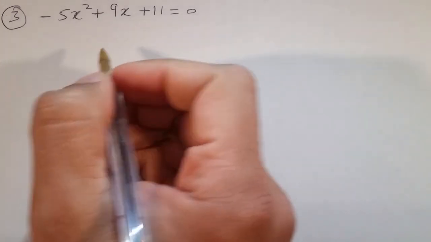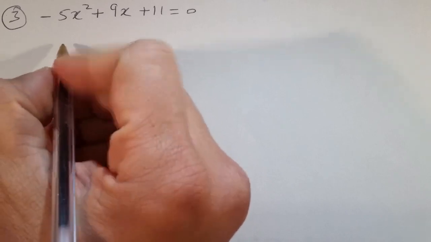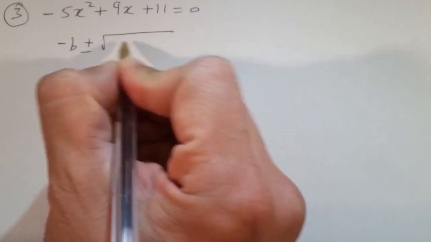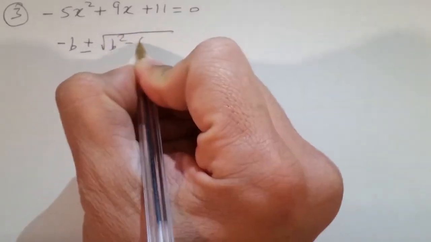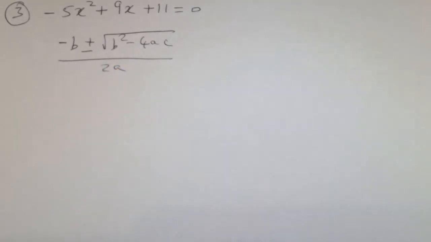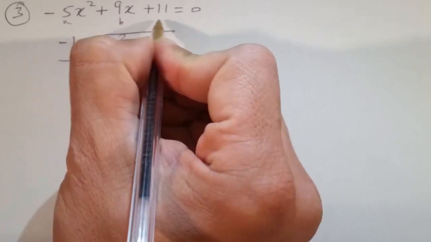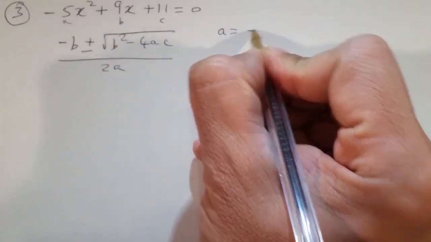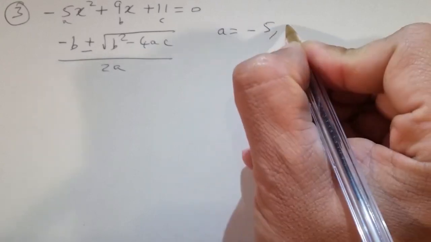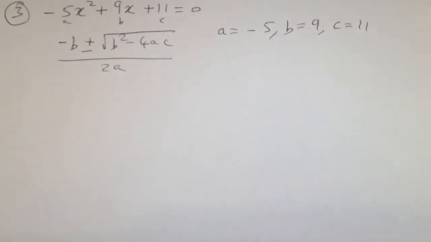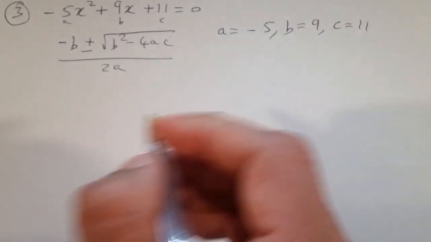So our formula everyone knows, minus b plus minus root b square minus 4ac over 2a. Right, so what is our a, b and c? Our a is minus 5, b is 9, and c is 11. Right, let's put them back in the formula.